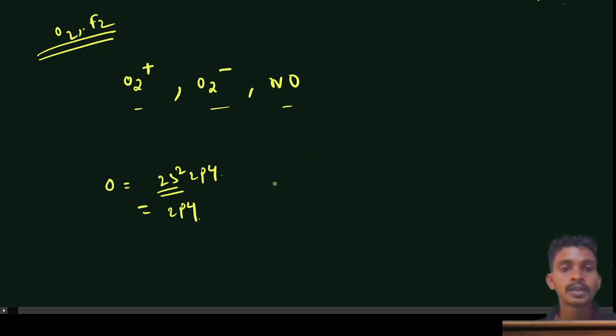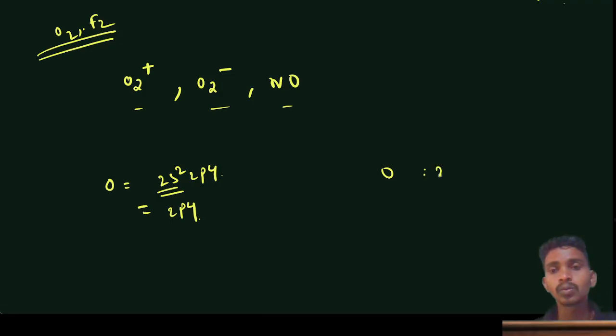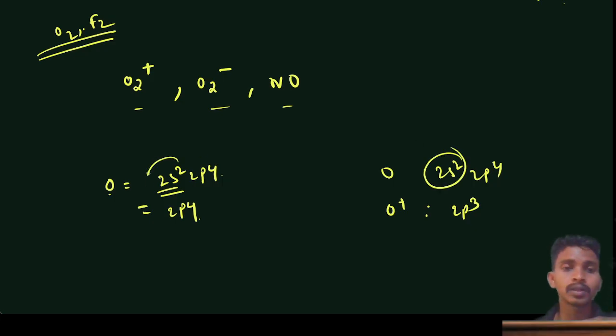Another is also O2, which is also 2s2 2p4, but O2 plus means one electron is less, so either here or here, we will remove one electron. I am removing one here, then that will be 2p3. We will not look at the s orbitals because they are fully filled.